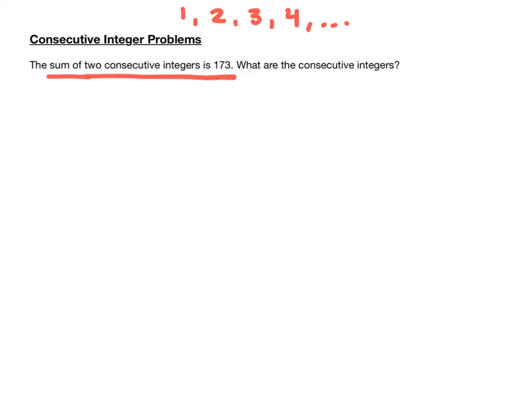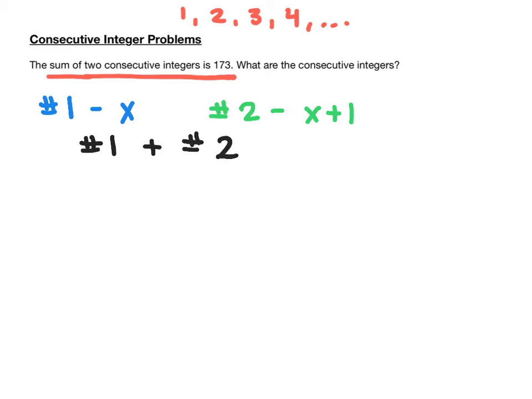So if we know that we have two numbers that are right in a row, we could have our first number be represented by x and our second number be represented by x plus 1 because it's one more than it. So our general formula should be the first number plus the second number equals the total, which in this case we know is 173.